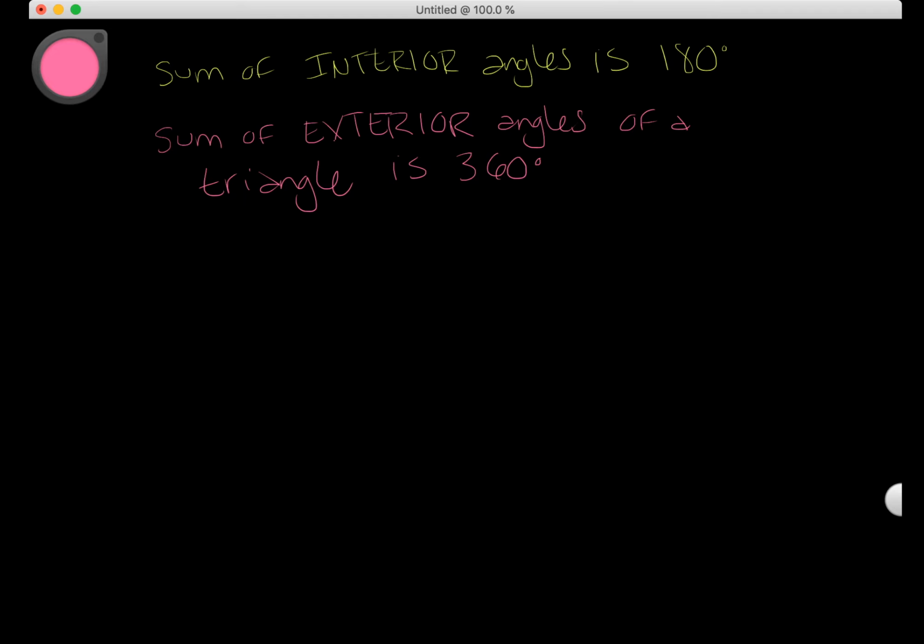So here's our triangle, and we can label this as A and B and C, and I'm also going to put D and E up here.